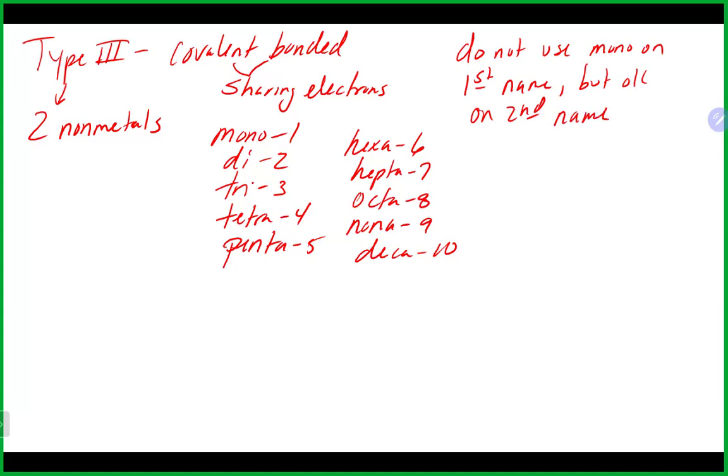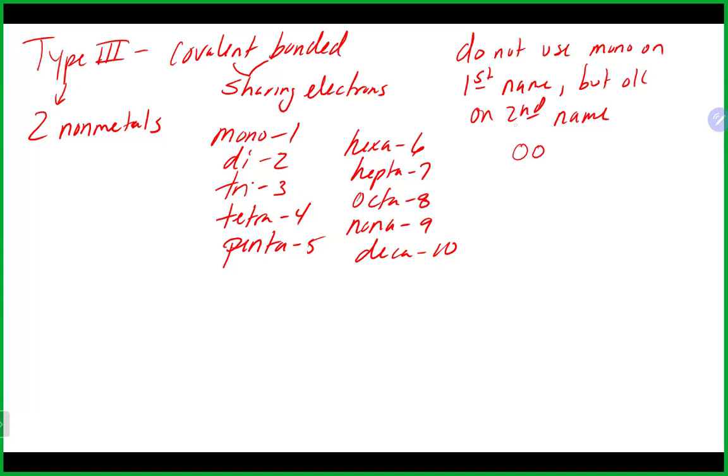Now, in addition to that, what oftentimes happens as well is when you go to use a prefix and you go to use the element name, the first letter of the element name, you will sometimes get two vowels that back up to each other. The most common case of that is you will have two O's back to back, one O from the prefix at the end and one O from the element at the beginning of the name, like oxygen.